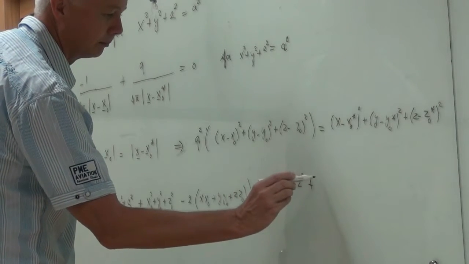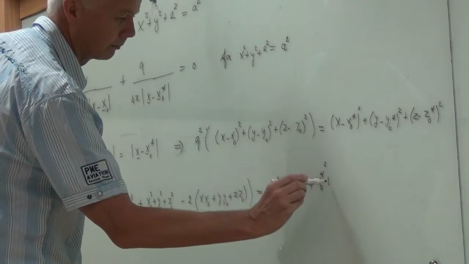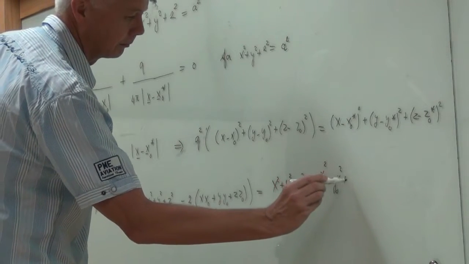Is equal, other side exactly the same thing. x squared plus y squared plus z squared.